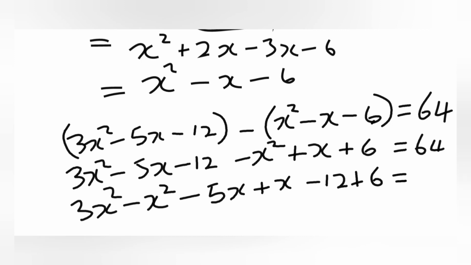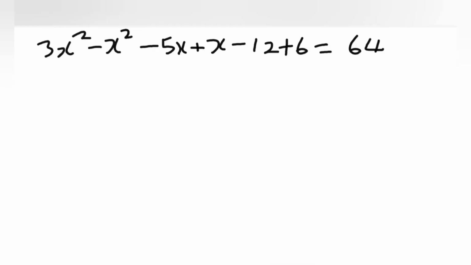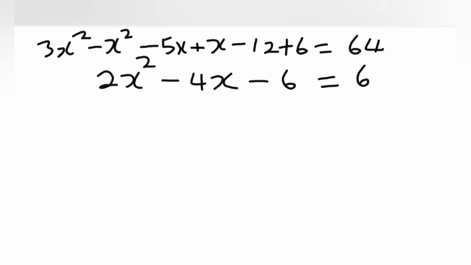And all of that will be equated to 64. Let us simplify. 3x squared minus x squared is going to give us 2x squared, minus 5x plus x is going to give us minus 4x, minus 12 plus 6 is going to give us minus 6, and that will be equated to 64.